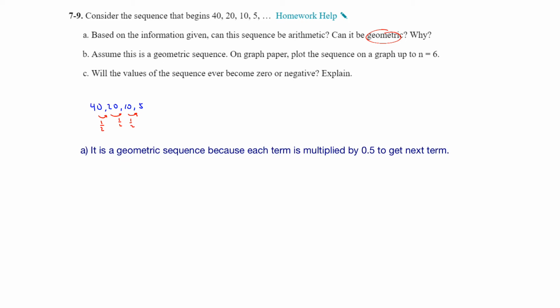Make sure that you write the common ratio down also because it is being multiplied. On part B, assume this is a geometric sequence, so if the pattern continues, it keeps getting multiplied by half. On graph paper, plot the sequence on a graph up to n equals 6.